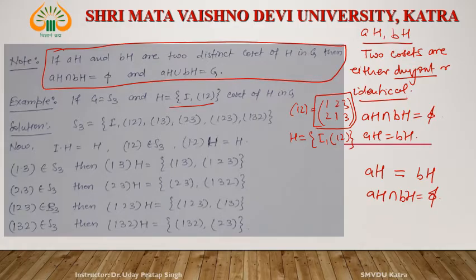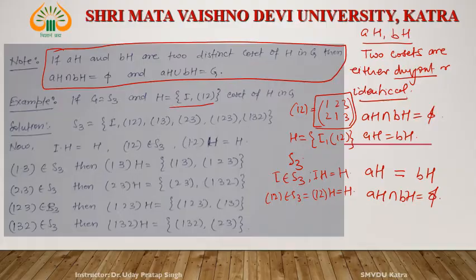Then we have to find the cosets of this H in S3. What is IH? IH is H, since I belongs to H. Similarly (1 2) belongs to S3, then (1 2)H is H. Okay.